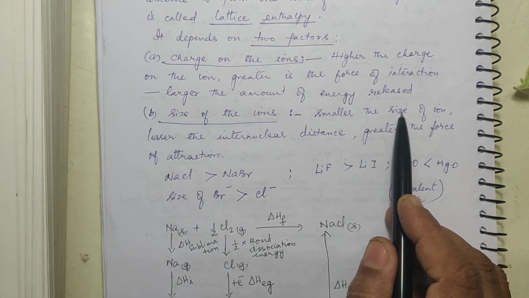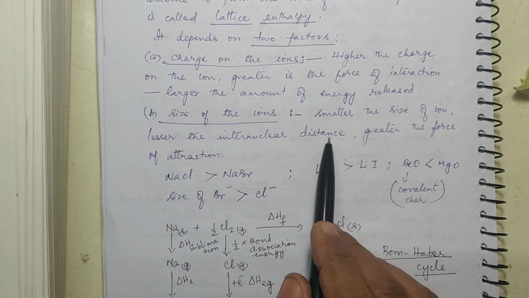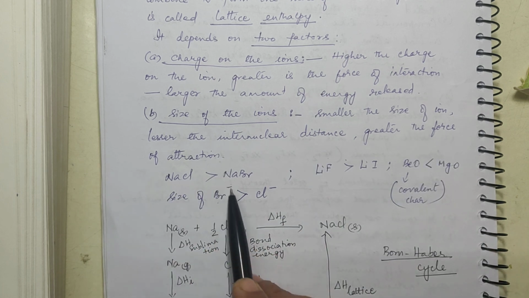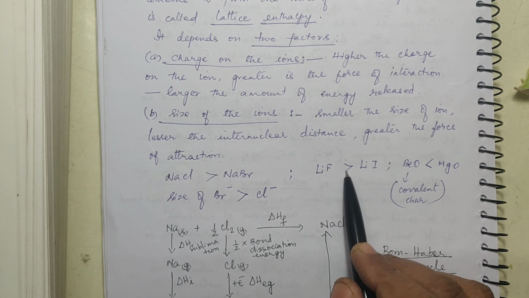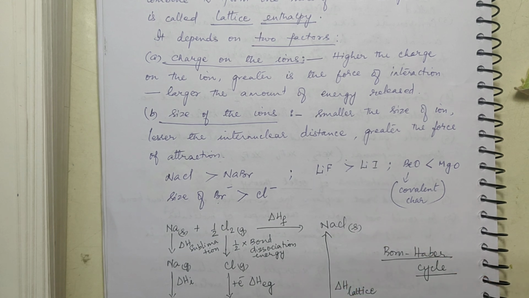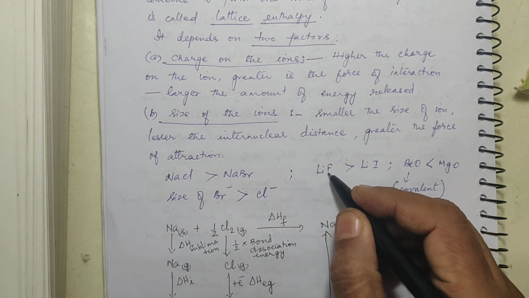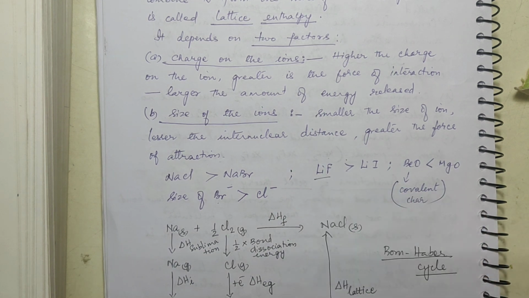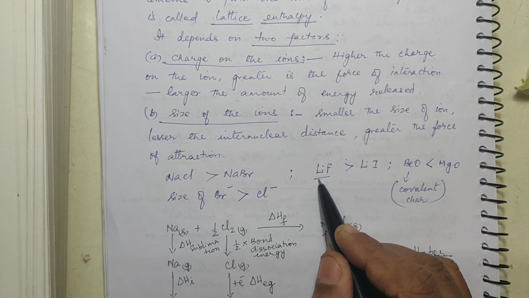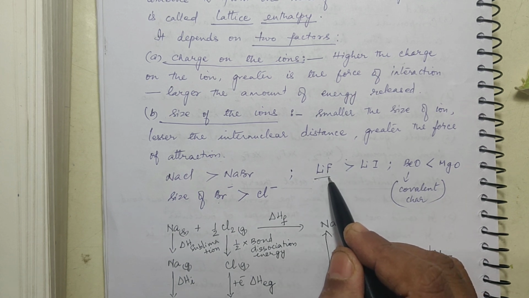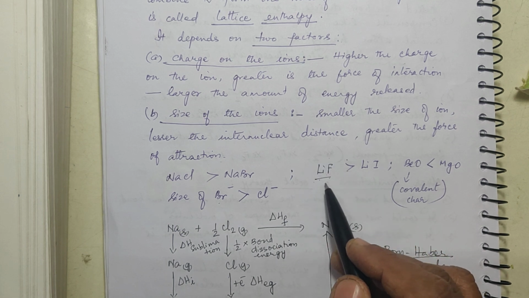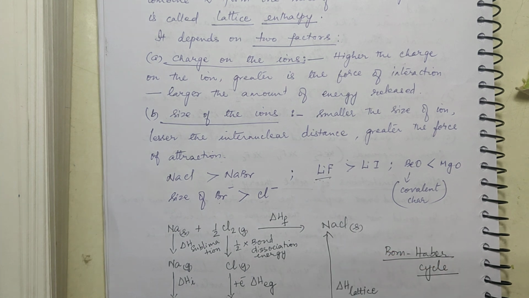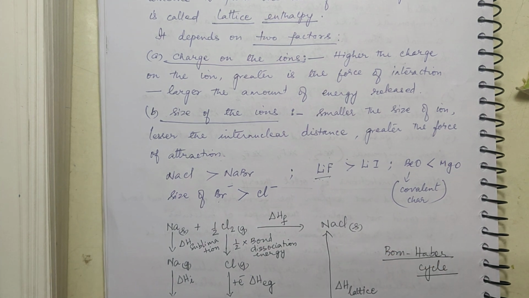Smaller the size, lesser the internuclear distance, greater the force of attraction. So this is the meaning. Same way, LiF is having greater lattice energy than LiCl. Now this is the reason LiF, in spite of being an alkali metal halide, thoroughly ionic, still it is insoluble in water. Right?